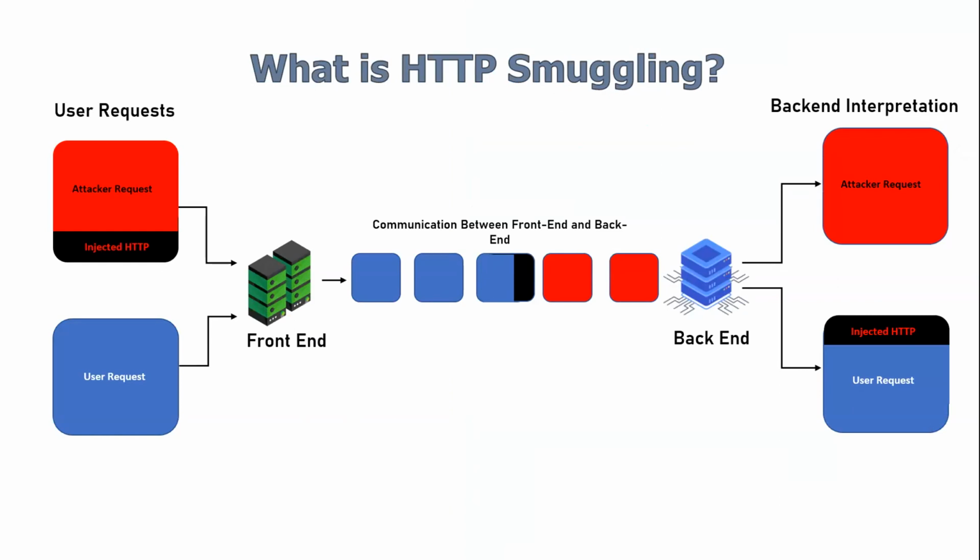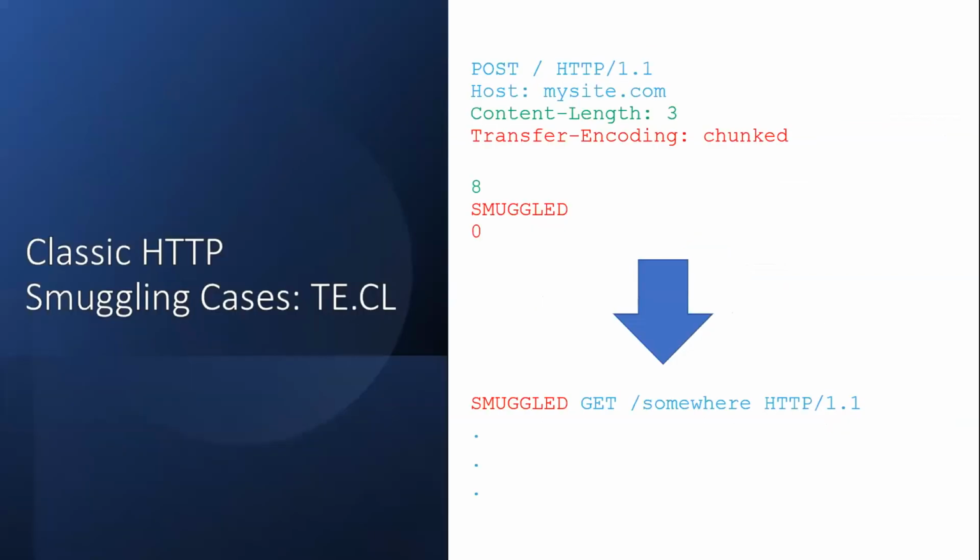You can configure it any way you want. And sometimes the front-end developers go for the content length, sometimes transfer encoding, etc. So if you can create a request that actually has content length and transfer encoding, what will happen? The answer is HTTP smuggling.